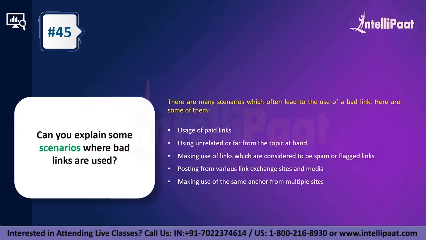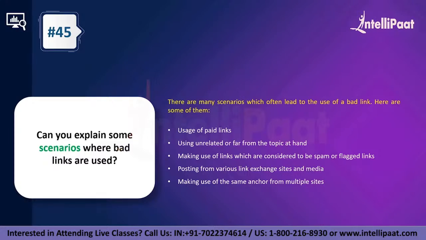And of course, you can start spamming a variety of link exchange sites. You can go on to media and have a shout out for a shout out kind of concept and spam each other. And it's not just that. You can have one single anchor from multiple sites, causing spam again.